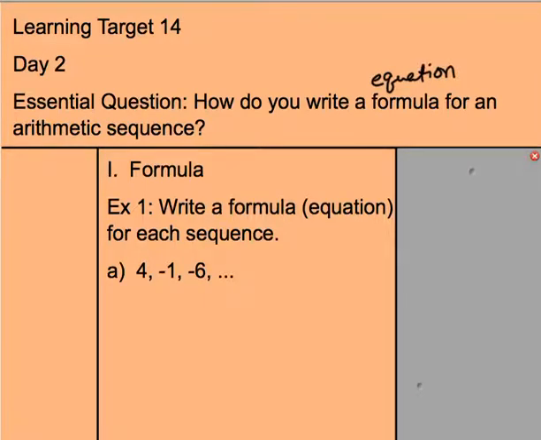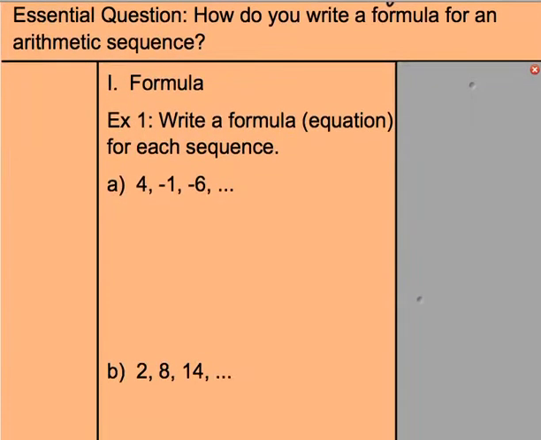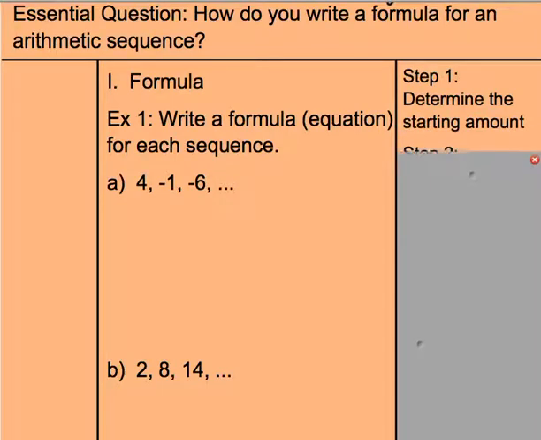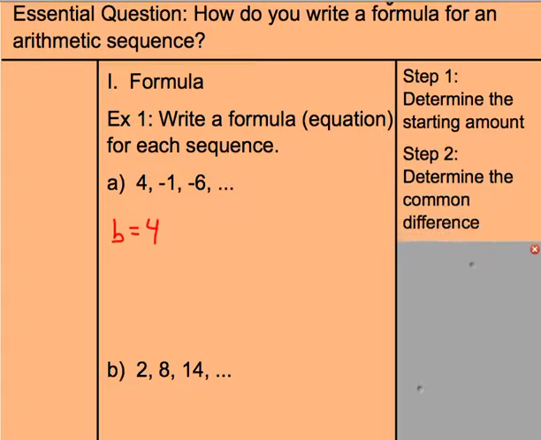All right, so our first sequence in example 1 is 4, -1, -6. The first step in writing the formula is determining the starting amount, and we're going to identify that as b. So b is our starting amount, and the first term in the sequence is 4. Next, we need to find that common difference.